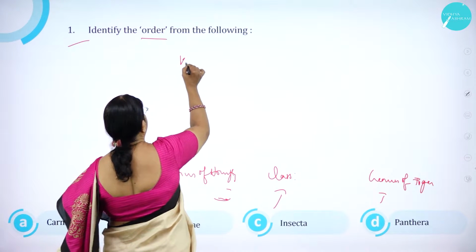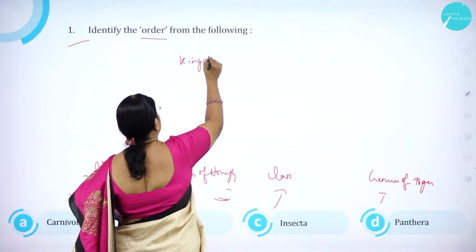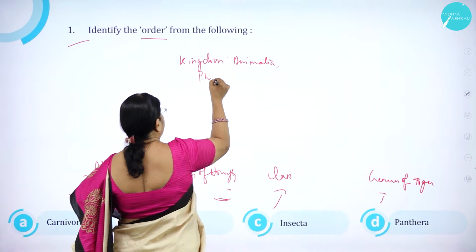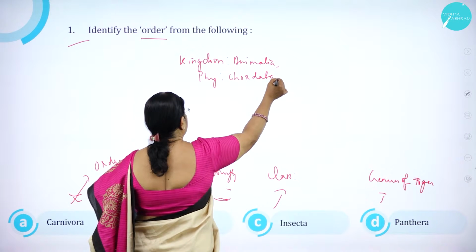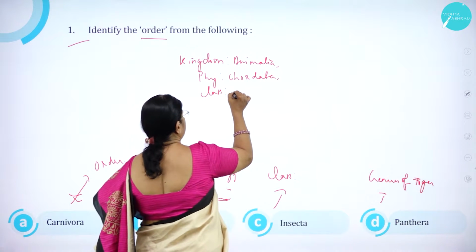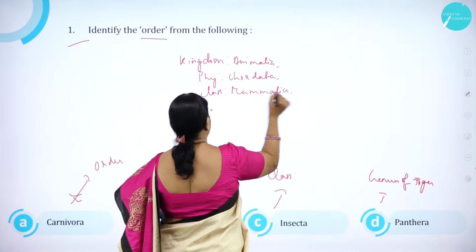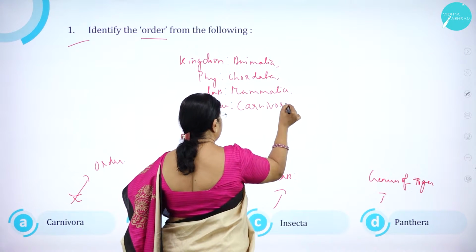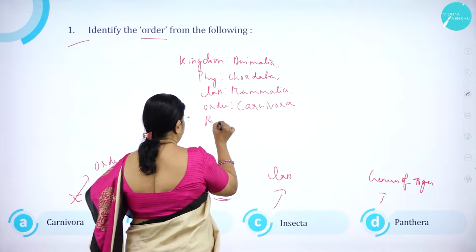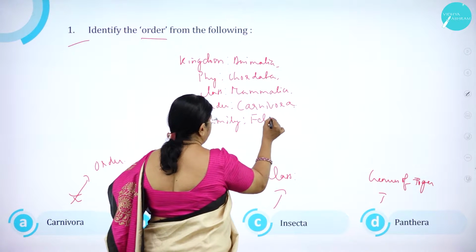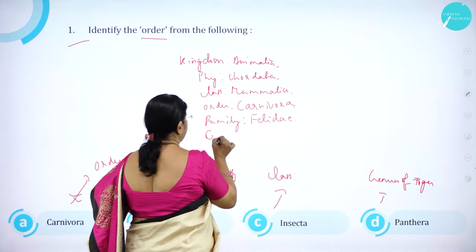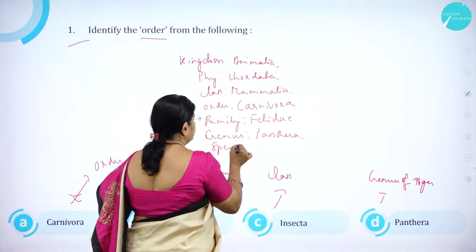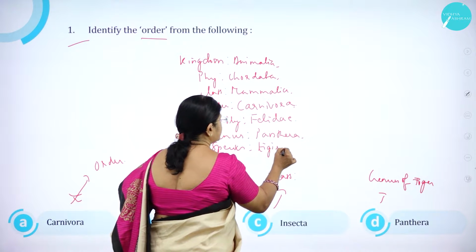So when we write kingdom Animalia, phylum Chordata, class Mammalia, then order Carnivora, then family Felidae, then genus Panthera, species Tigris.